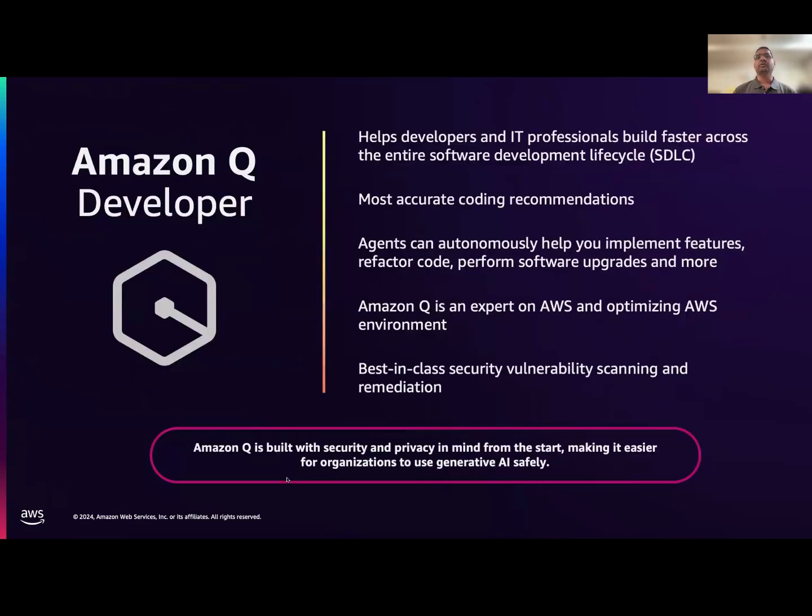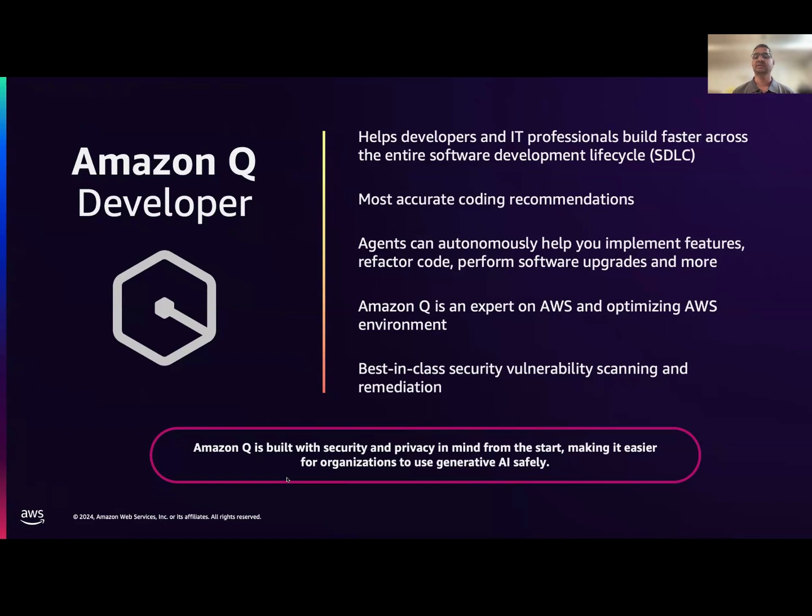So a quick recap: Amazon Q Developer will help you with all of these development tasks, and it has been transformative in how builders can work with AWS. Q has best-in-class security scanning and remediation built in, and it has the highest reported code acceptance rate of any coding assistant that suggests multi-line code.